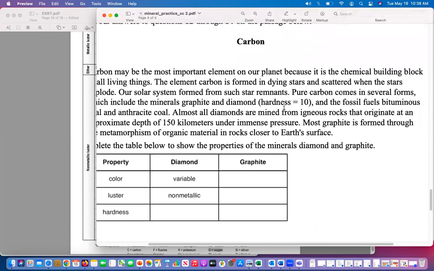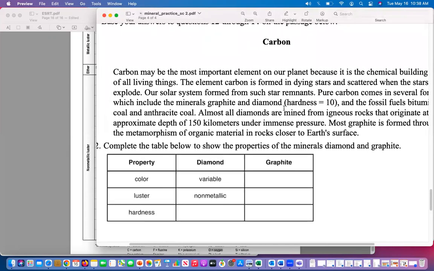Pure carbon comes in several forms. It includes the minerals graphite and diamond, hardness of 10. So automatically, they tell us the diamond has a hardness of 10. So I'm just going to put 10.